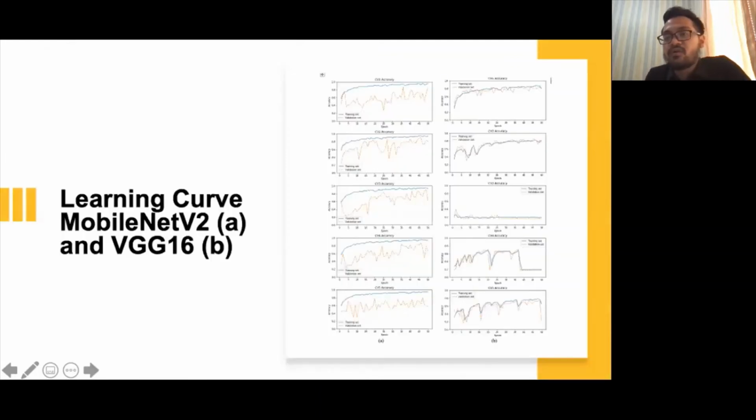This is the learning curve of the MobileNet version 2 and VGG16 architectures. MobileNet's accuracy converges at each epoch, as you can see right here. But with VGG16, it is not good when we try to classify, compared with MobileNet. In epochs 3 and 4, VGG16 has poor accuracy.